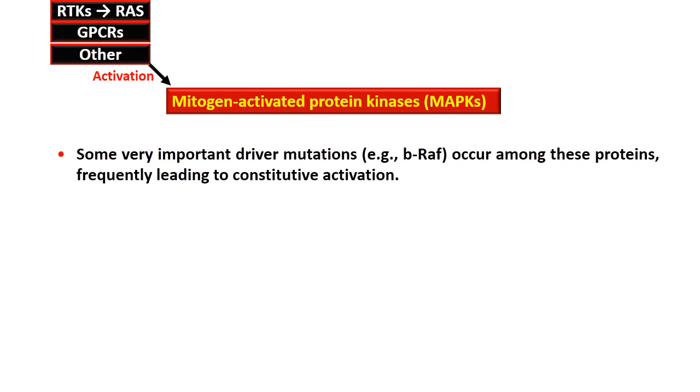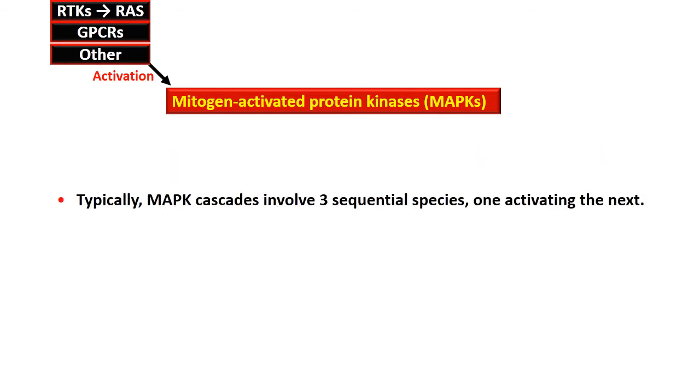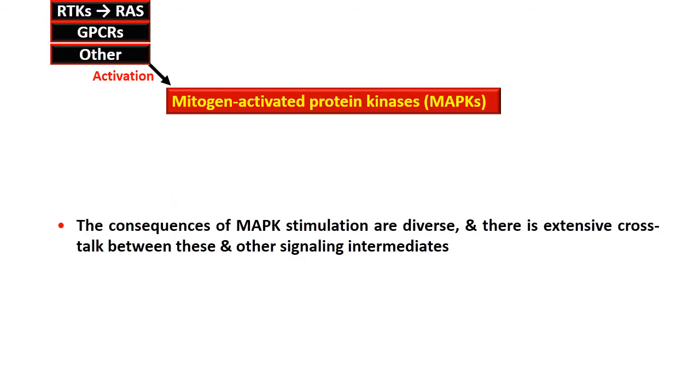Some very important driver mutations such as BRAF occur among these proteins, and they frequently lead to the constitutive activation. Typically, these MAP kinases involve three sequential species, one activating the next, and the consequences of MAP kinase stimulation are diverse, and there is extensive cross-linking between these and other signaling intermediates.